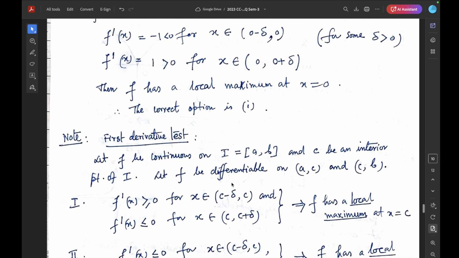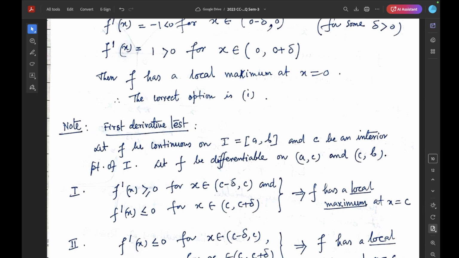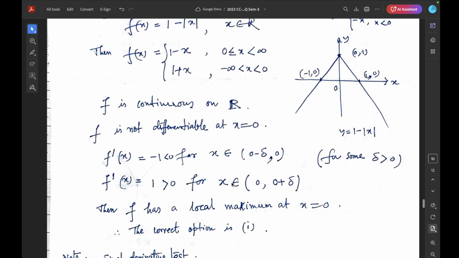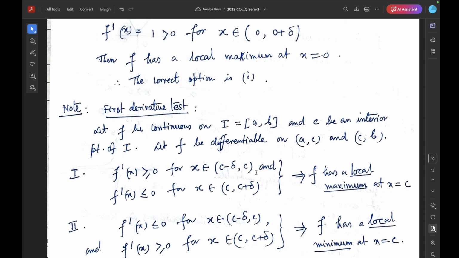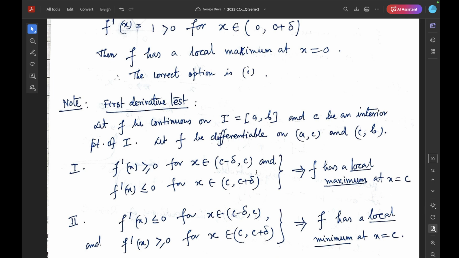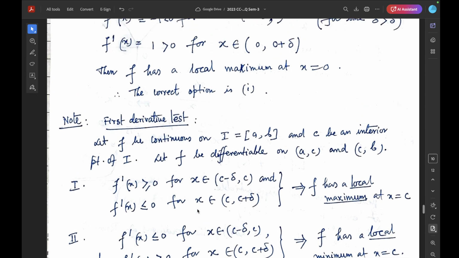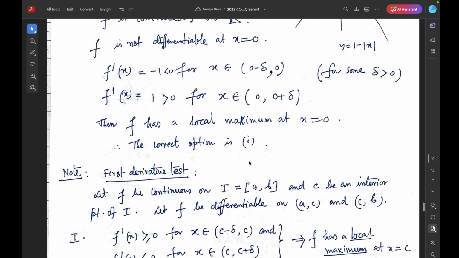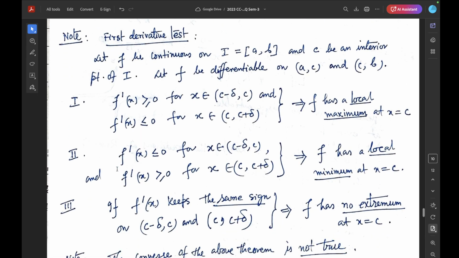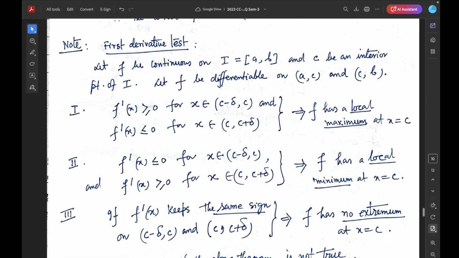From the left hand neighborhood c minus delta, f dash x is negative from c minus delta to c plus delta, and f dash x is less than or equal to 0 for c minus delta to c, and f has a local minimum.